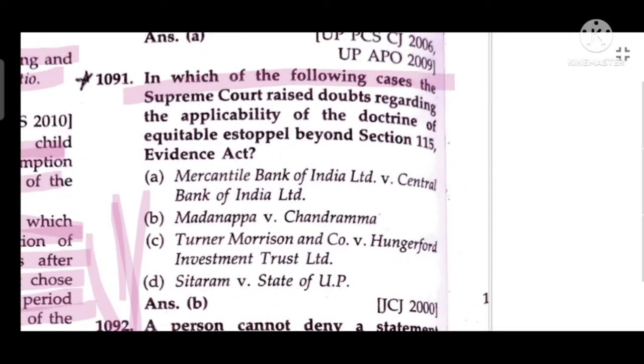In which one of the following cases did the Supreme Court raise a doubt regarding the applicability of the doctrine of equitable estoppel beyond Section 115 of the Indian Evidence Act? Mandapa versus Chandramanna.